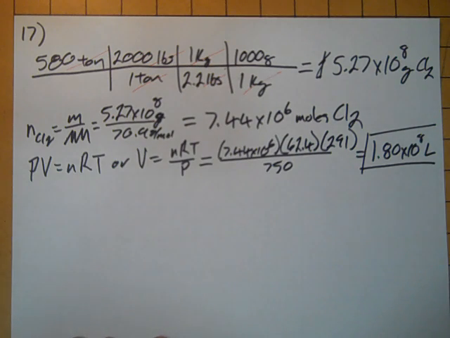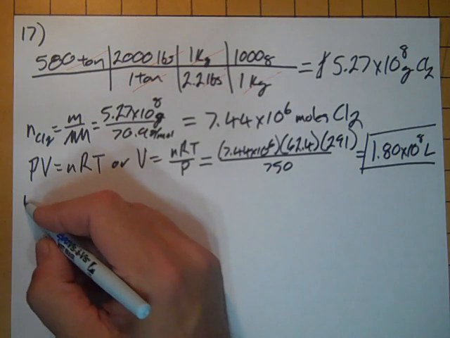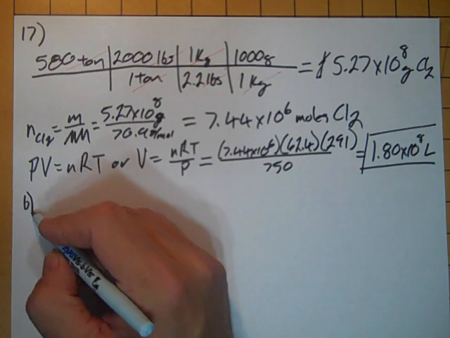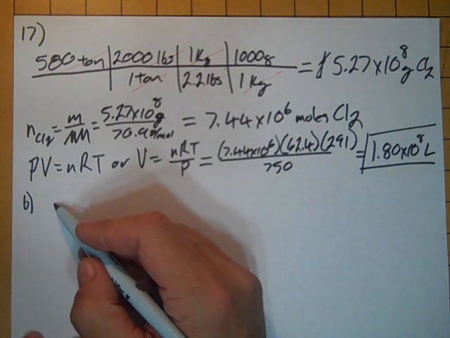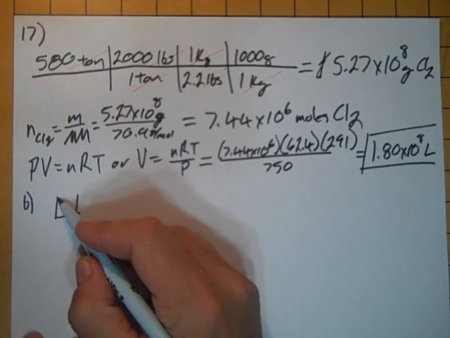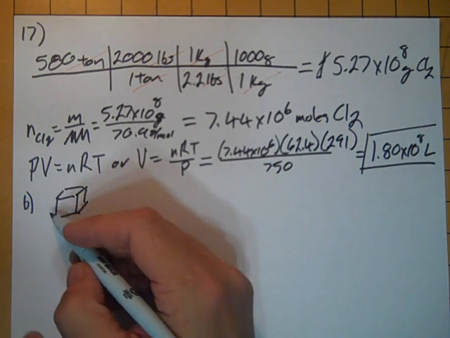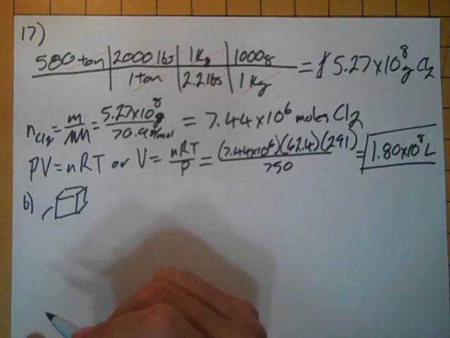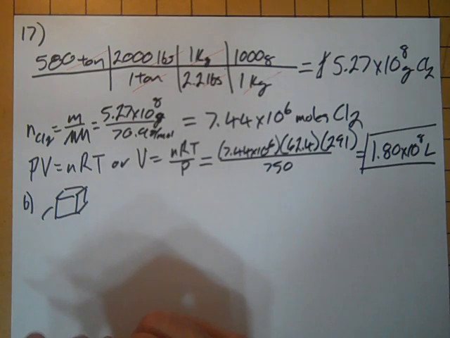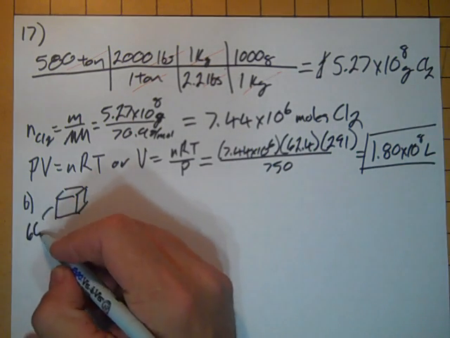Now, in part B, the second part, we're trying to find the length of the cloud if we're told the width and the height. So, if we imagine this cloud, and this is not to scale, but if we imagine it as a cube shape, and we know its height, that was given to us as 40 feet. Let me double check. Yeah, 60 feet.